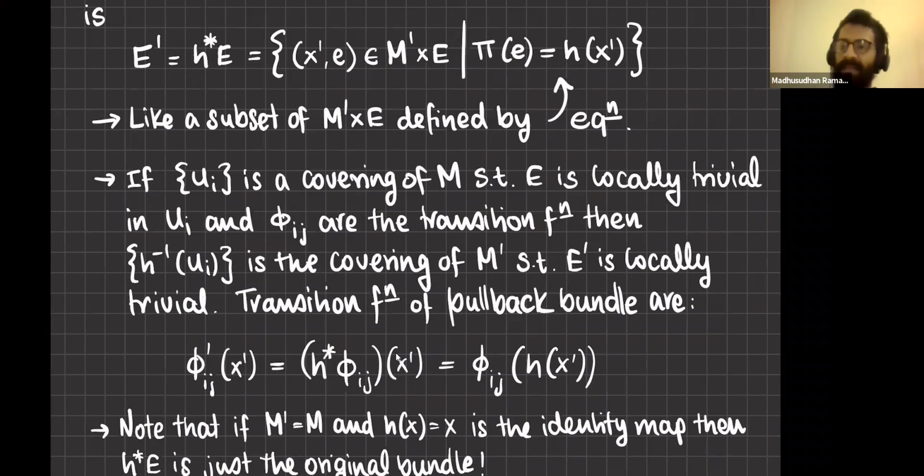What I'm saying is that the phi i j corresponds to the point x prime, which belongs to some U i prime, given by this guy over here. If I fix a point on the base, the transition functions are just maps from F to F. That's what I mean when I write it as an argument, although it's perhaps not very good notation. My understanding is that this notation is standard.